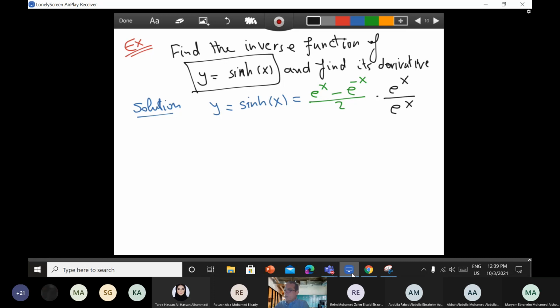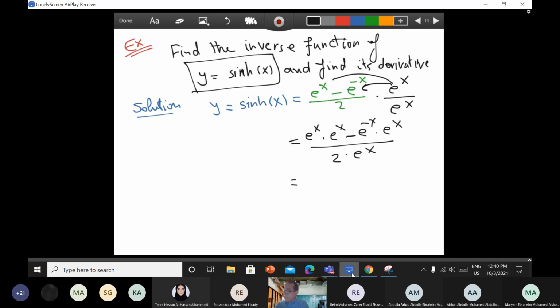Why am I doing so? To get rid of one of these, so I will have only e to the x, okay? So when you multiply each term, you have e to the x times e to the x minus e to the minus x times e to the x over 2 times e to the x.